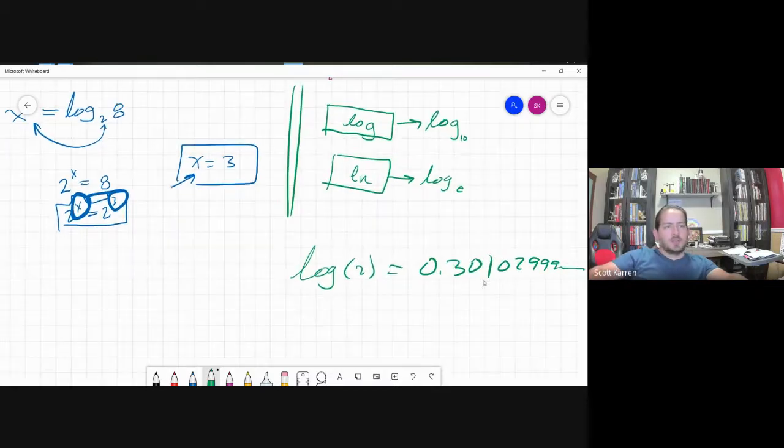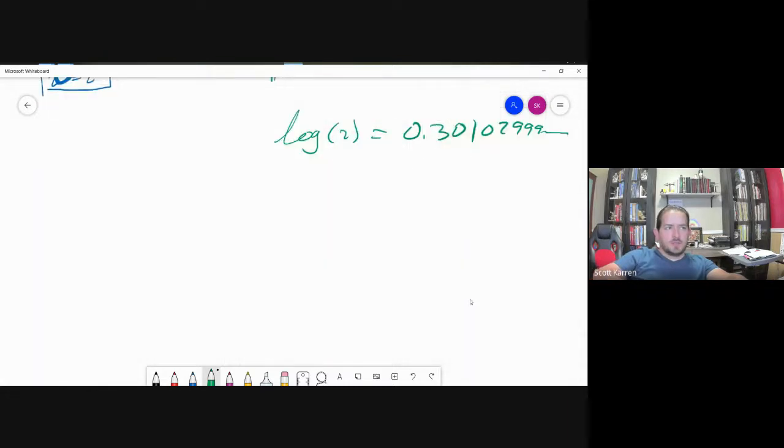But you can also then evaluate, say, the natural log of 2, ln of 2, and you should get, I think it's 0.69 something, 0.69314, blah, blah, blah, right? So make sure you know how to do those, right? Because you'll need to do those, but those are the two logs that you can find on your calculator.